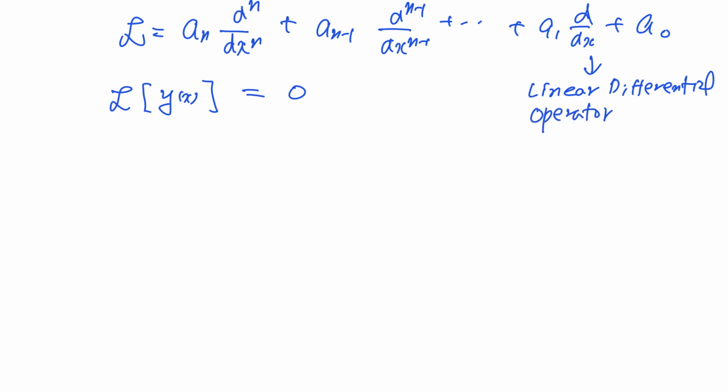For the special case when the coefficients are constants, a special case where we consider a_n, a_{n-1}, ..., a_0 to be constant, then we can actually transform this differential equation into an algebraic equation.